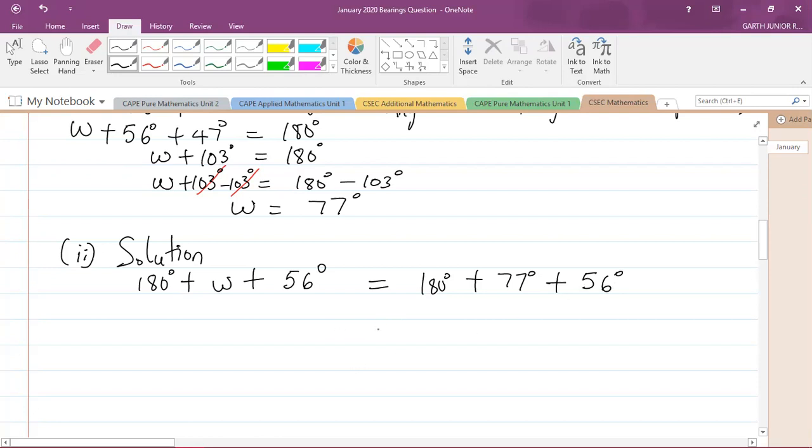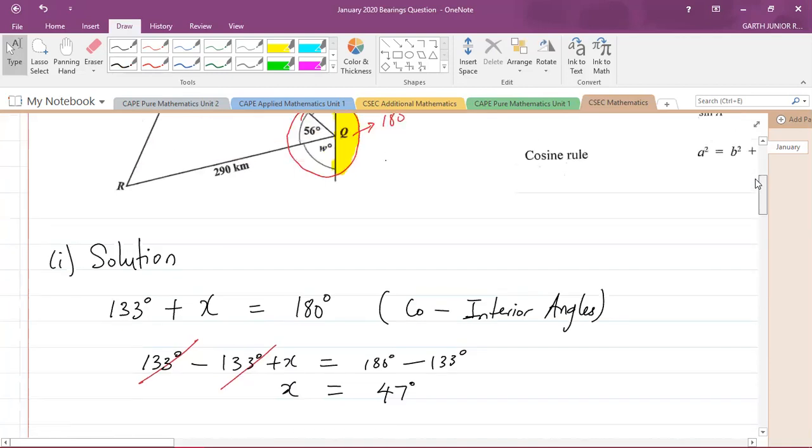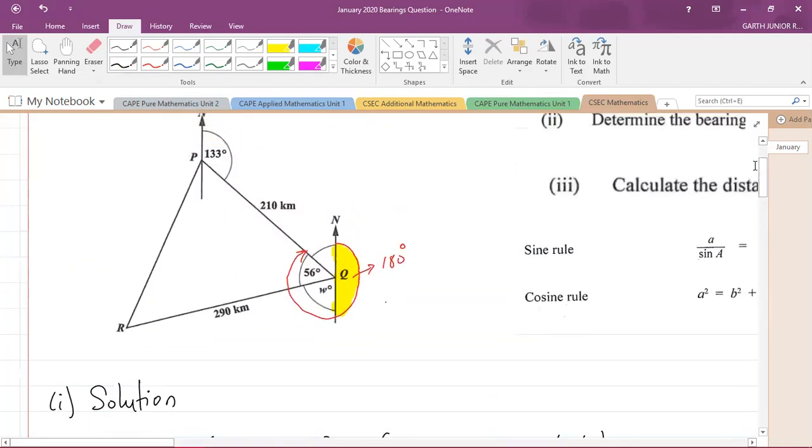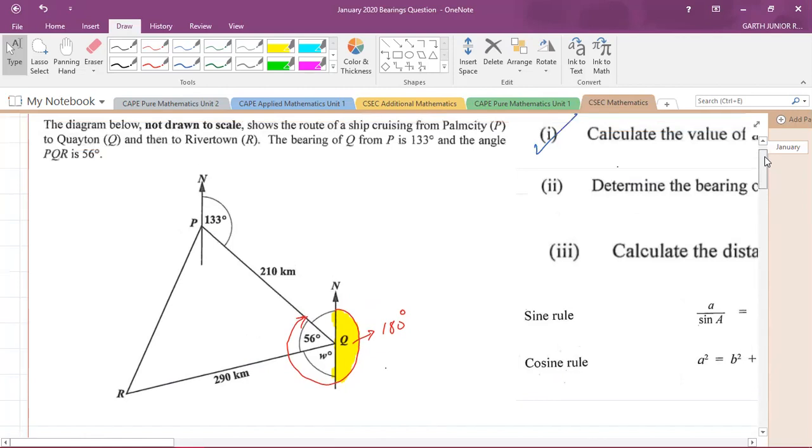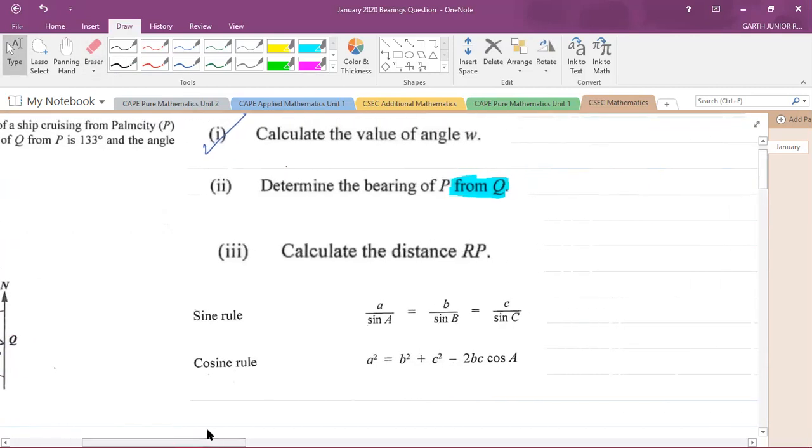If I add all of that, I will get 313 degrees. So that bearing there is 313 degrees. Great. So we have now calculated the bearing of P from Q, and we got that to be 313 degrees.